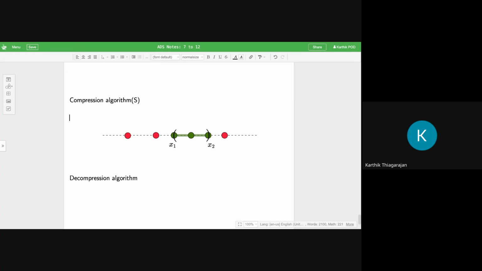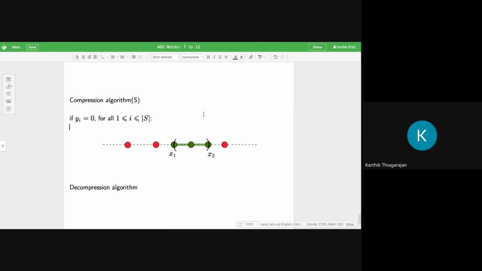So what I will do now is I'll ask the following question. If yi equal to 1, for all i, let's say there are mod S, the number of data points. So yi equal to 1, or rather 0, right? The case I'm interested in is red. If all of them are red, what should I do?